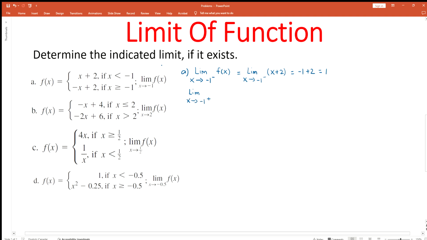Now we have to calculate the right-hand limit. For right-hand limit, we put a small positive sign on -1. For right-hand limit, we should use the function -x plus 2 because for this function, the domain is x greater than or equal to -1. We should sub in x as -1.